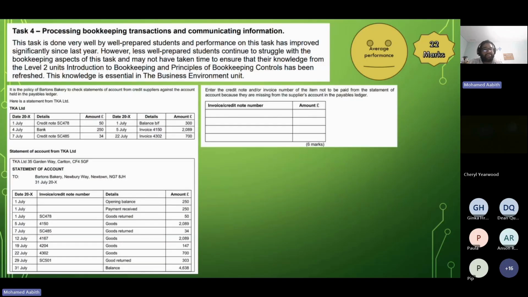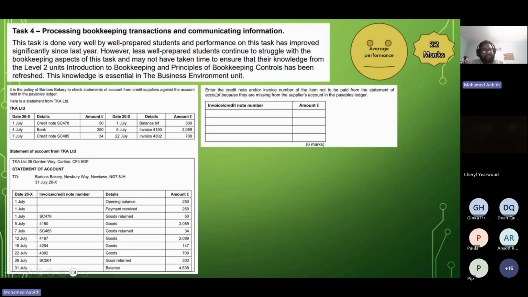So this one, for example, is from your bookkeeping question. If we look at it here, this is a policy of Barton's Bakeries to check the statement of accounts from the creditors, suppliers, against the accounts held in the payable ledger. Here is the statement from TKA account, and then their own books, in their own creditors.